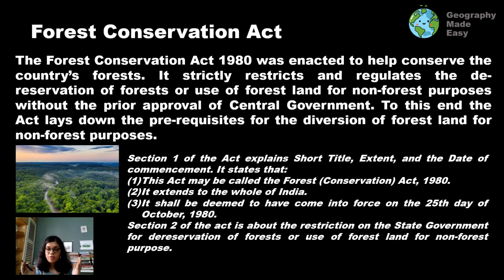Then we have the Forest Conservation Act. Now, this act was passed in the year 1980. Very significant. We can see that the 1970s brings in all these movements in the international forum, and we see acts coming into India also, regulations and rules being passed.